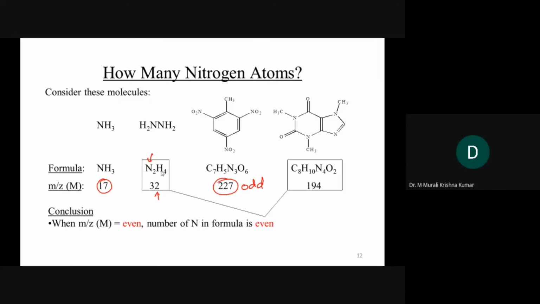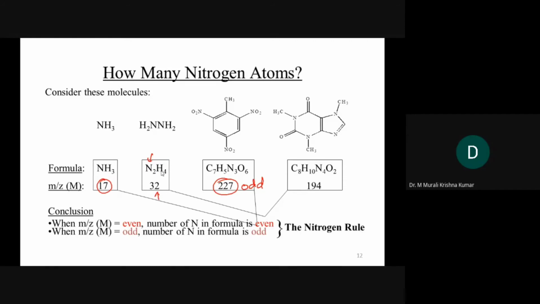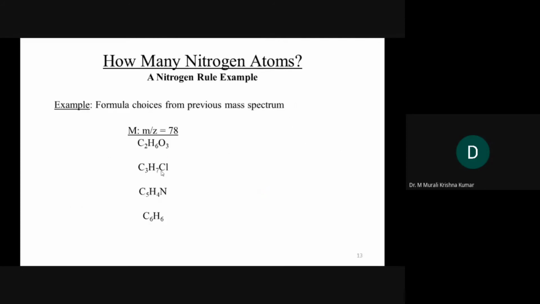If the molecular weight is odd, nitrogens, if present, will also be in an odd number. This is a very interesting observation, and it helps you solve puzzles very effectively. This is what we call the nitrogen rule.